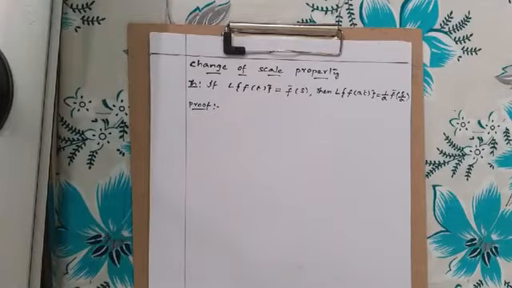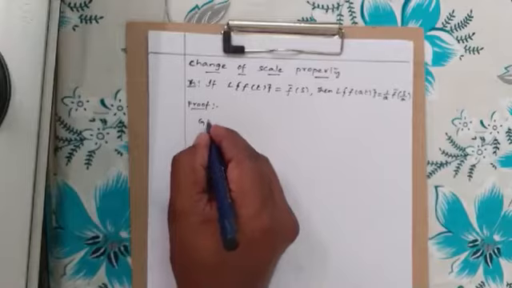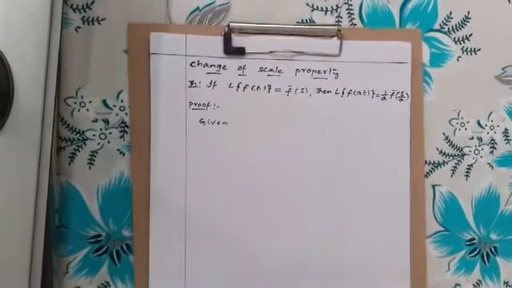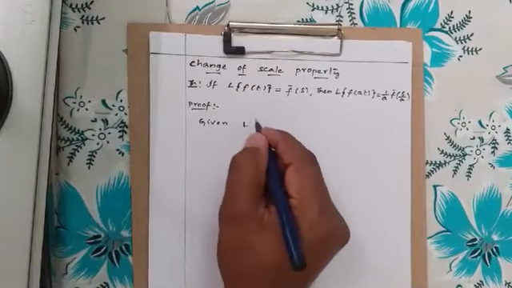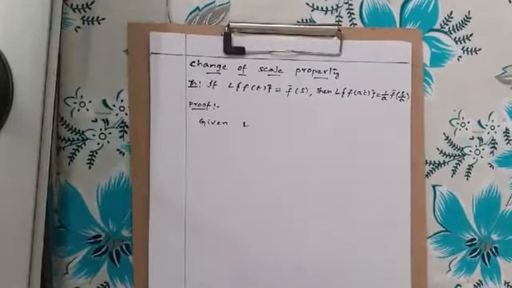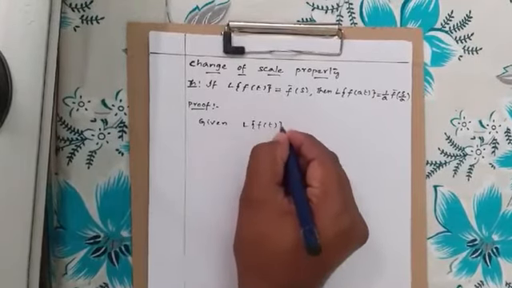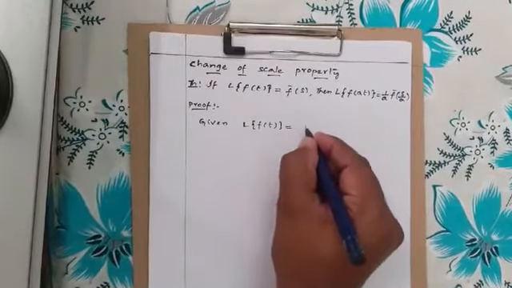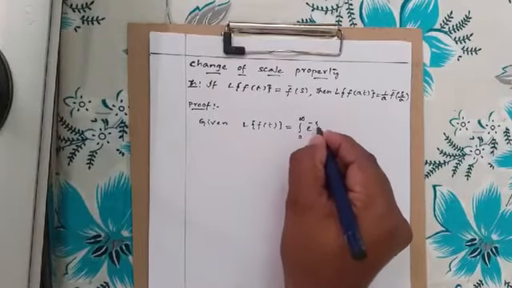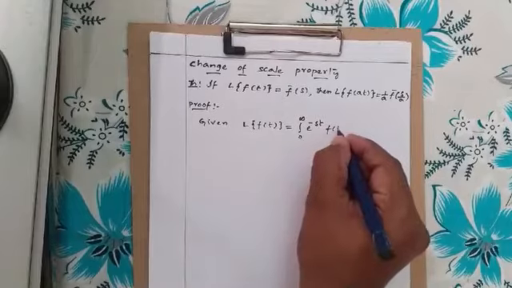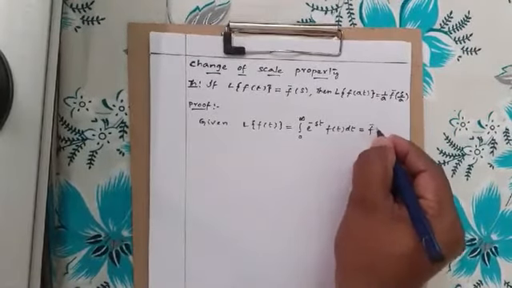Now let us have the proof. Here it is given. What is given? First we write given L of f of t is equal to integral 0 to infinity e power minus st f of t dt, that is equal to f bar s.